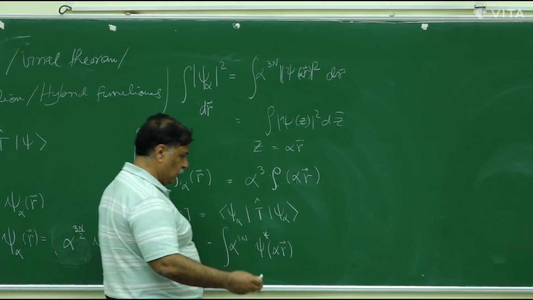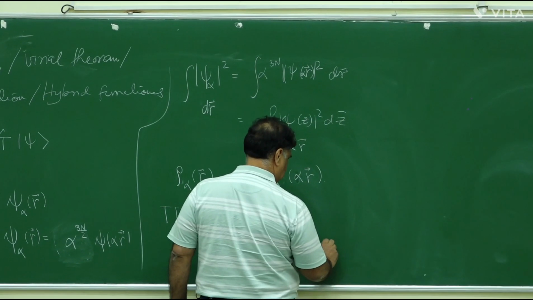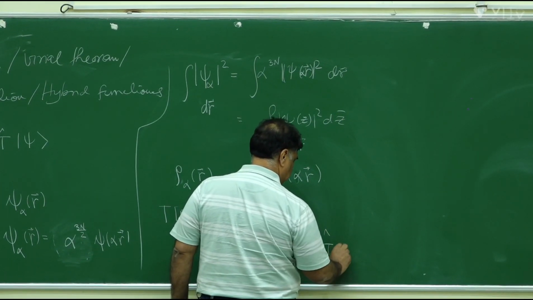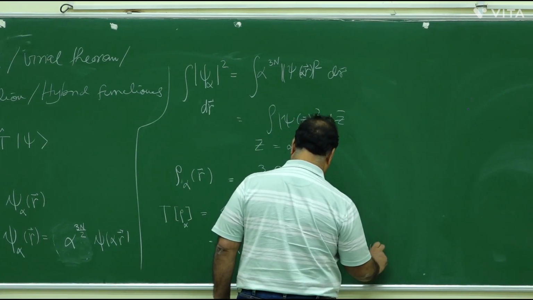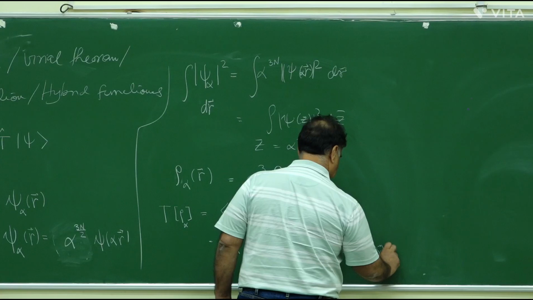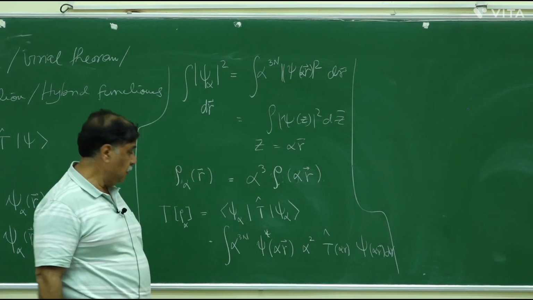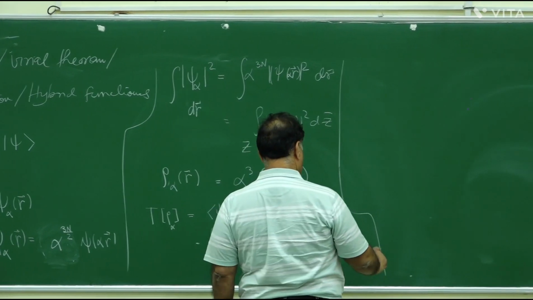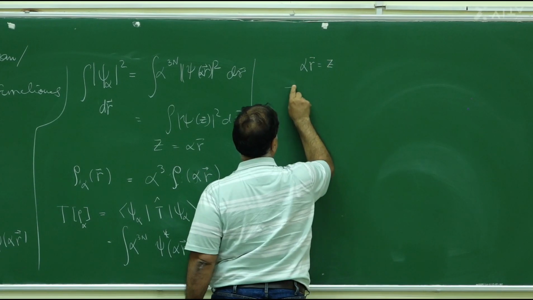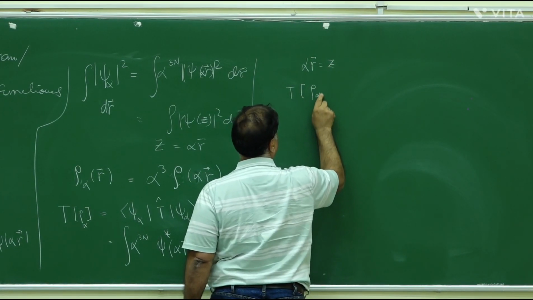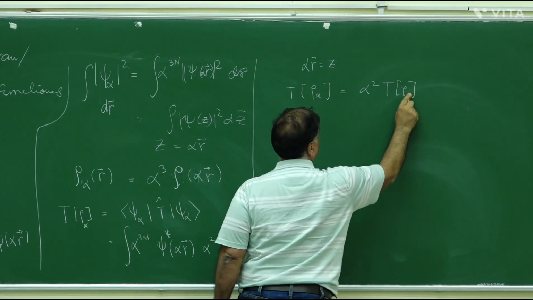T operator is 1 over r square, so I can write this as alpha square and T in terms of alpha r psi alpha r dr. Right? And this, I can take alpha r to be z. So T rho alpha will go as alpha square dr.